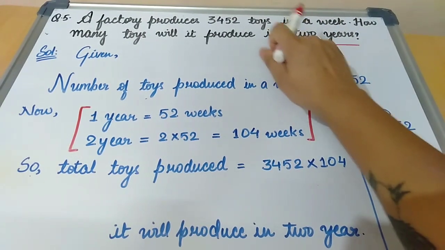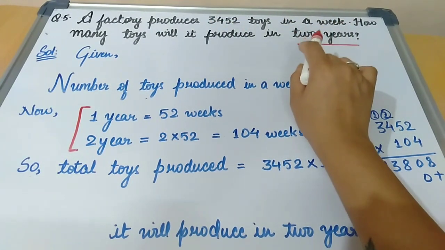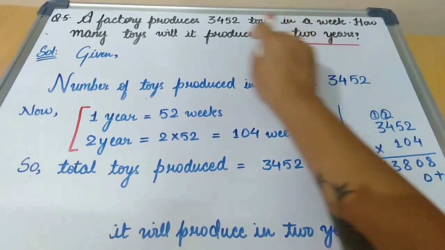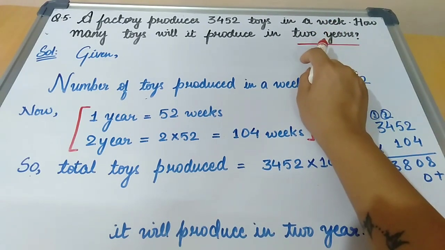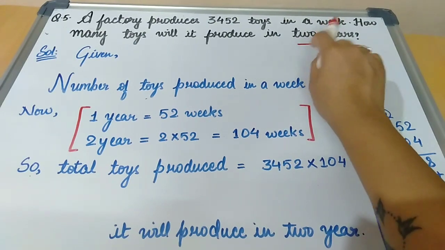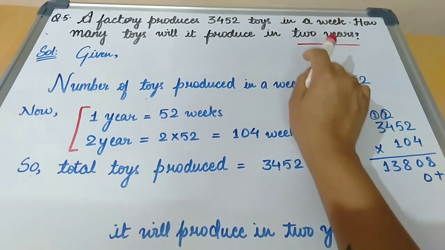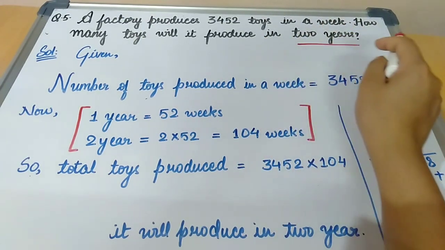Then only you will multiply it by the weeks. Because the given information, the toys produced, is given in a week. So whenever we find the solution, we will first convert years into weeks, then only we can multiply. Week will be multiplied by week only, we cannot multiply week by years.